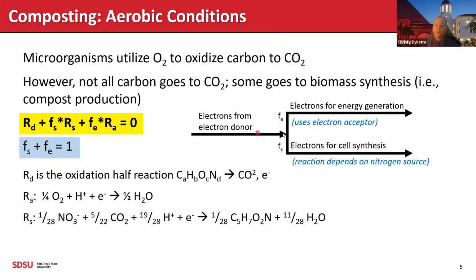That would mean that 20% of the electrons go in this direction. This is important to distinguish because we can't figure out how much microbial biomass is produced unless we understand how much of the electron donor electrons are going towards energy versus cell synthesis.